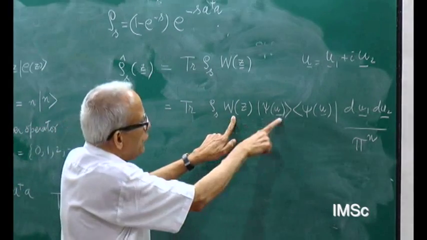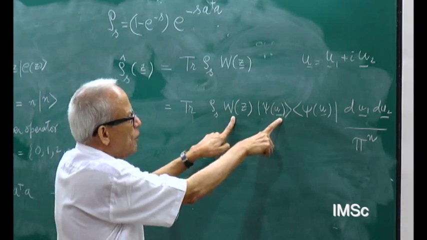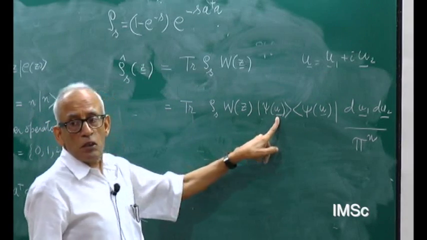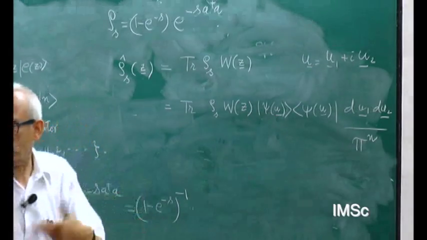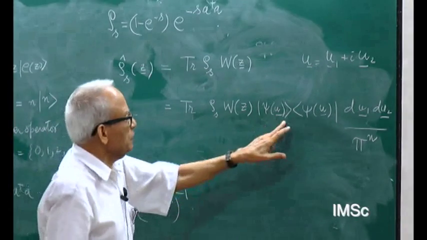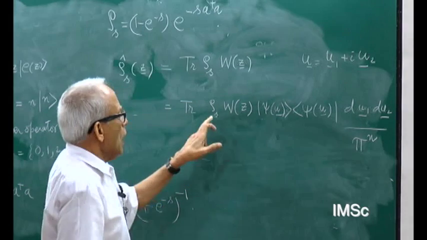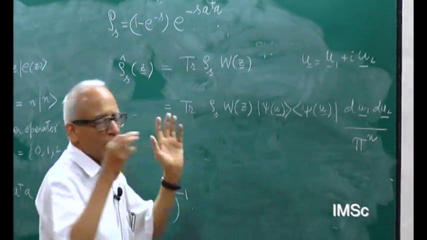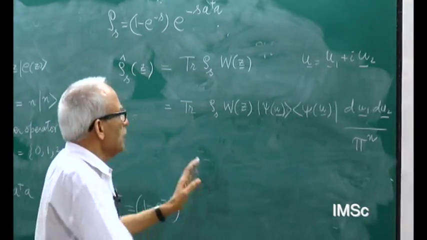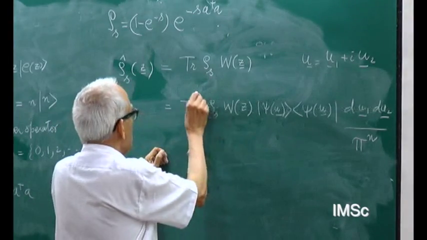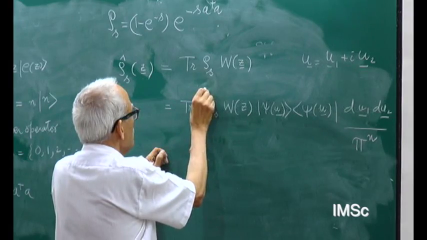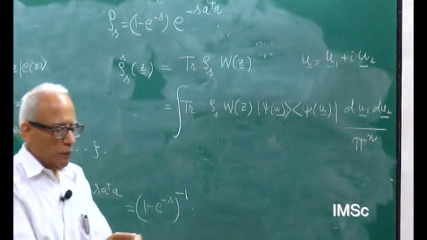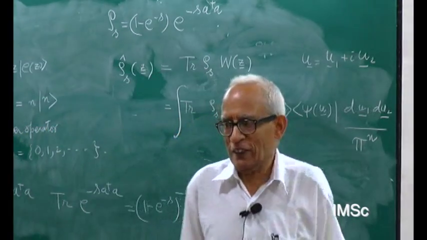But you know how W z operates on c u, because this is a scalar times an exponential vector, so you know the exact action. And it is an exercise, I don't want to go into the algebra, and then you have to integrate out. Then it will come out as a product of two Gaussian integrals.